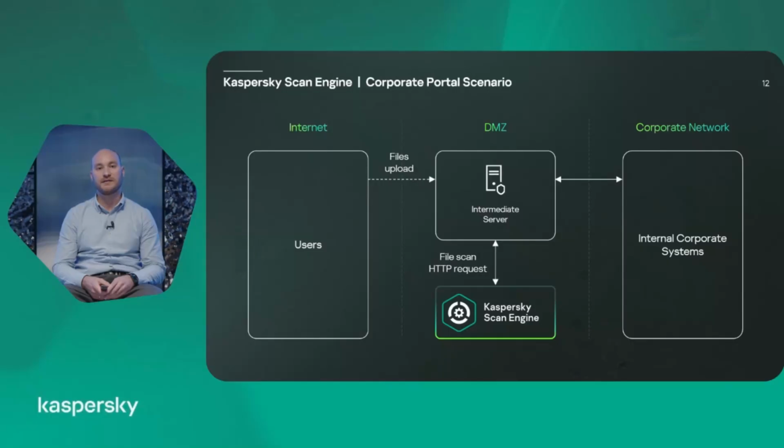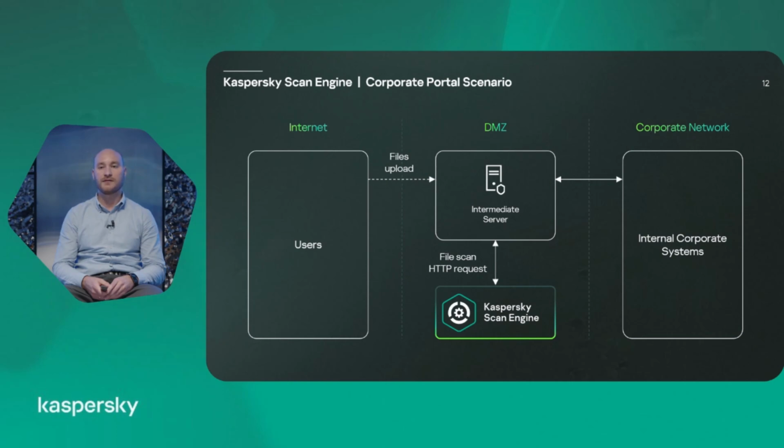And the second method is the scan file method. In this case, the file that should be checked by Scan Engine should be placed on local or network mounted storage of Scan Engine, available to Scan Engine. And in this case, in HTTP requests, we only send the path to this file. So Scan Engine automatically follows that path, reads the file, and performs the scanning.